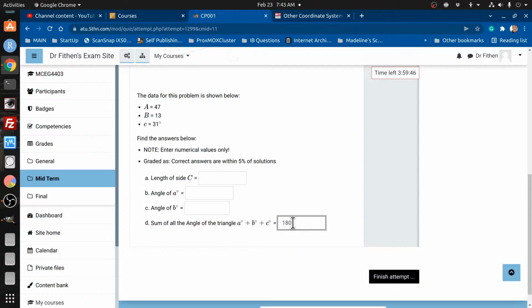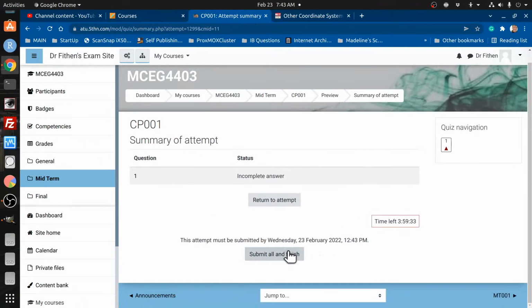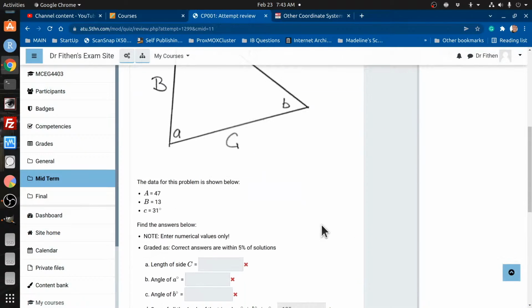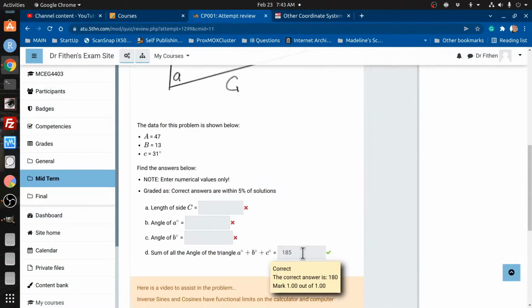So if I divide that by 2, 18, let's just say 185. Would that be correct? And guess what? It's correct. Why? Because it's within 5% of the solution.